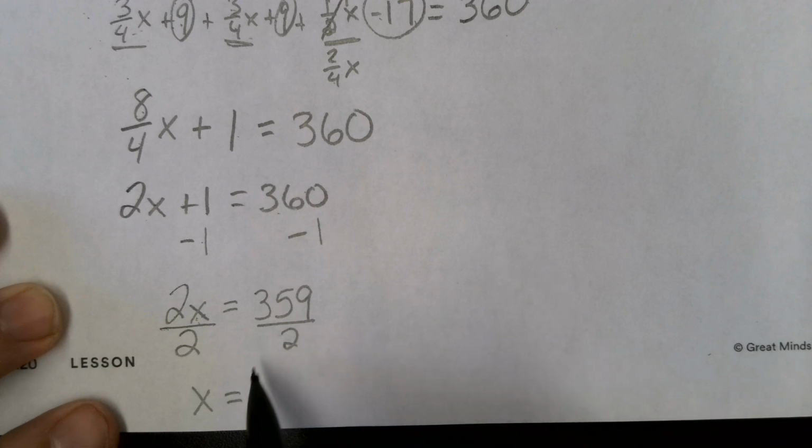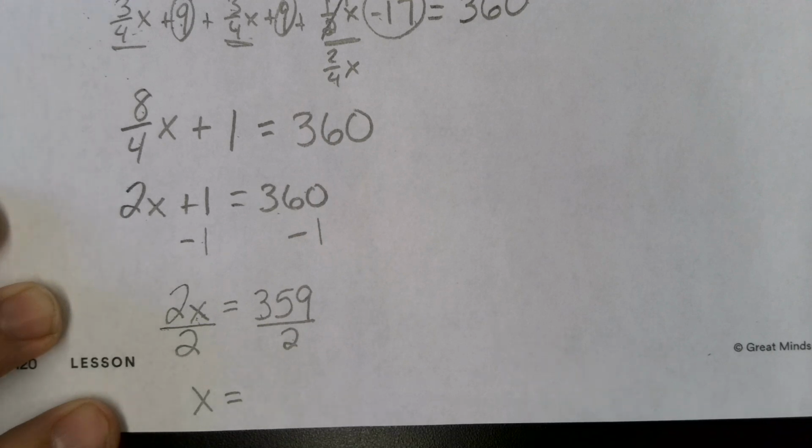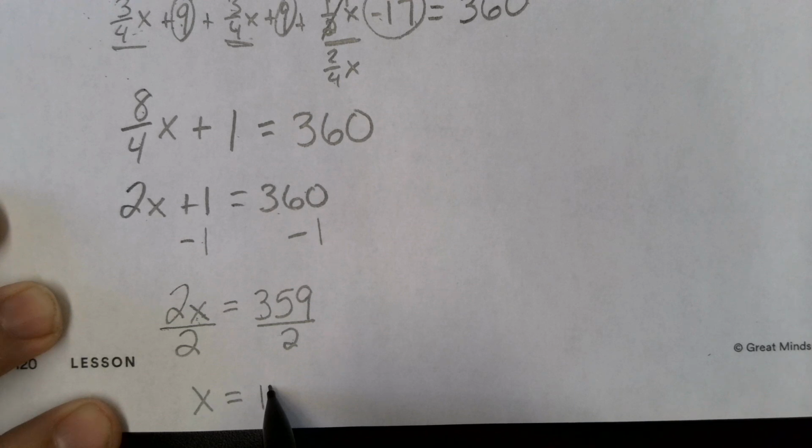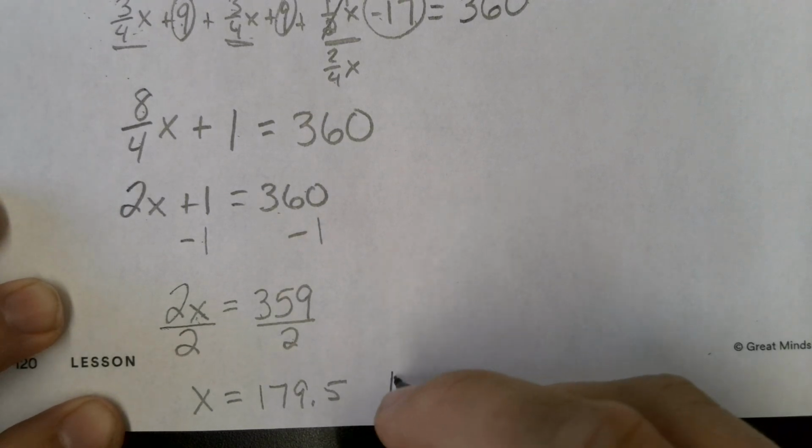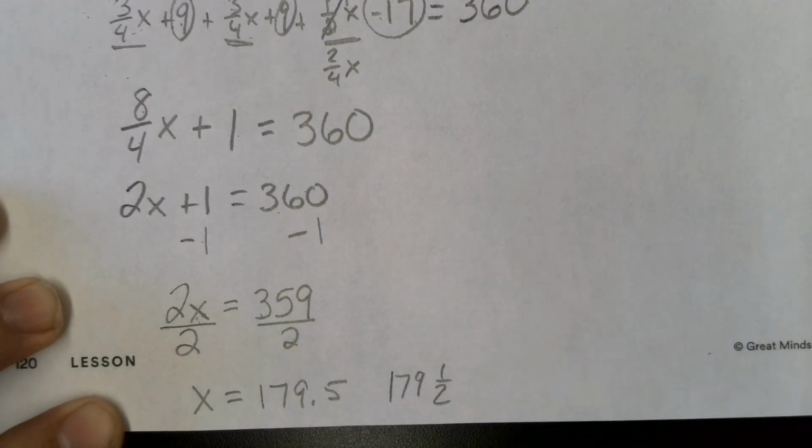When I divide both sides by 2, I get an answer that's going to be a decimal or a fraction. So I'm going to end up with 179.5, or 179 1/2.